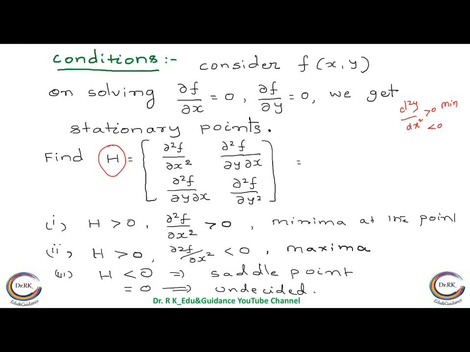If it is less than 0, we say maximum. That means the nature of the function depends on second derivatives. So here one approach is to take this matrix: dou square f by dou x square, dou square f by dou y dou x. That is the second derivative of f.